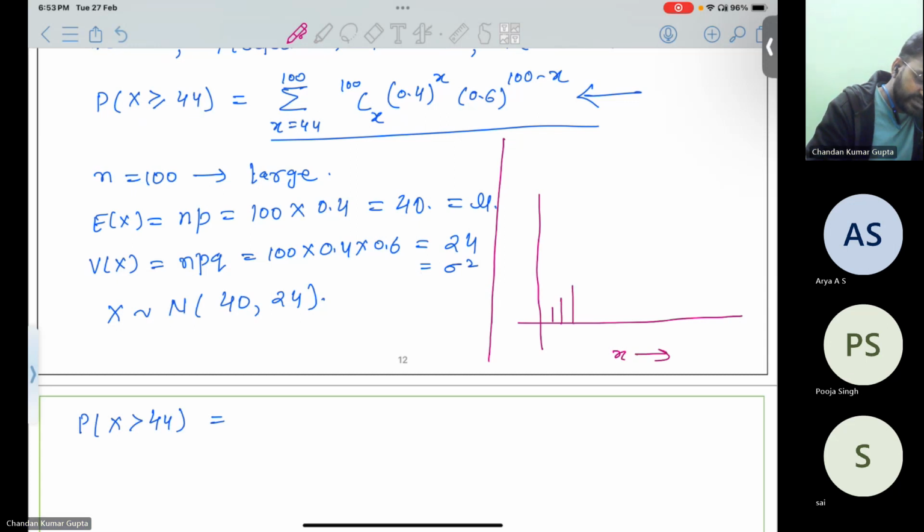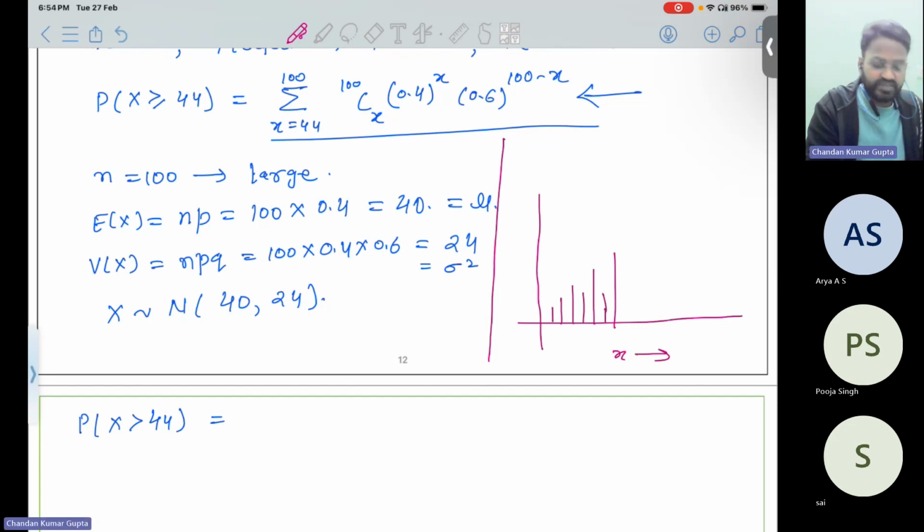But we approximate it as a continuous distribution, so some continuity correction is made. You have already done this in questions related to histogram.